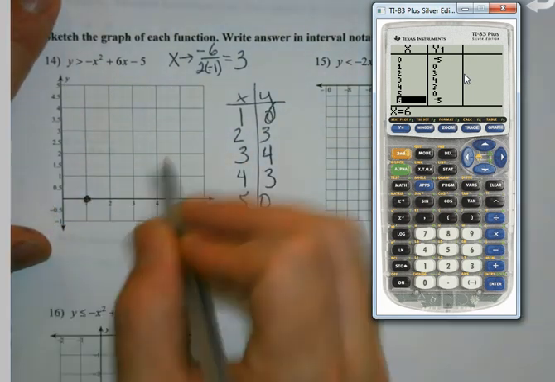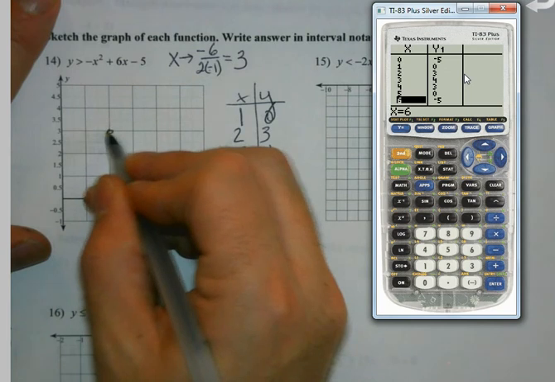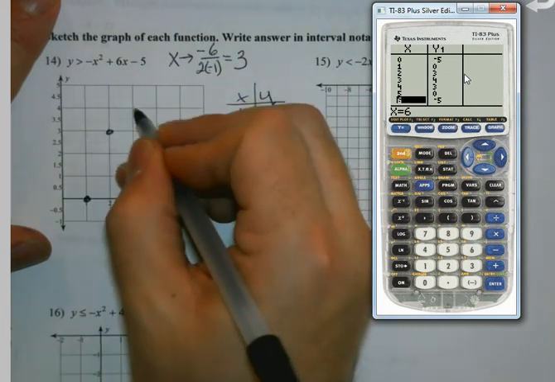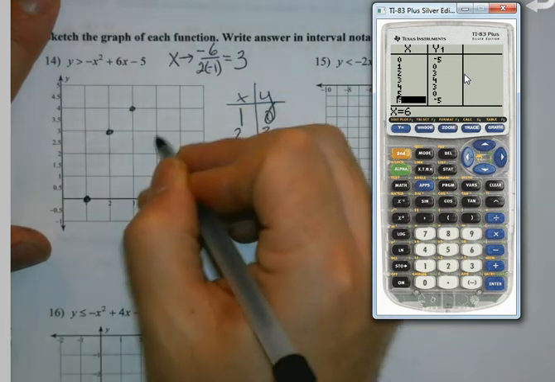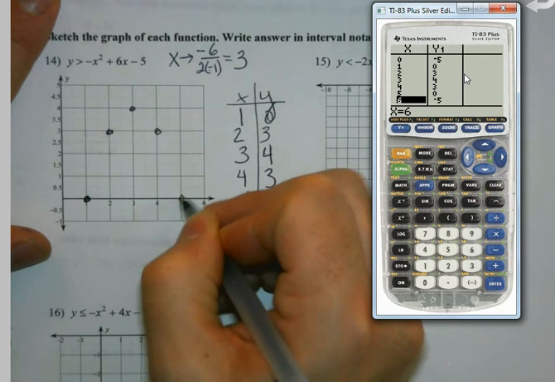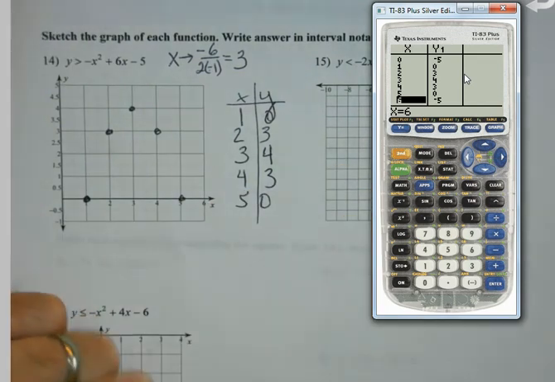All right. Let's get these guys in here. Now this time I notice a couple of things.